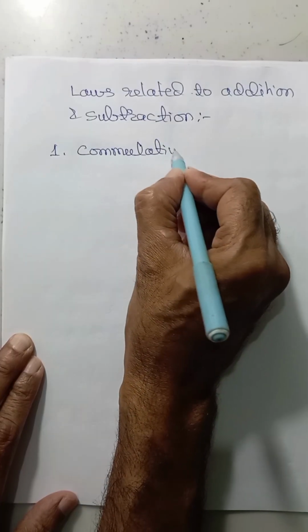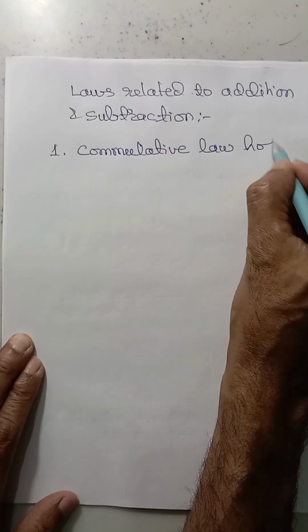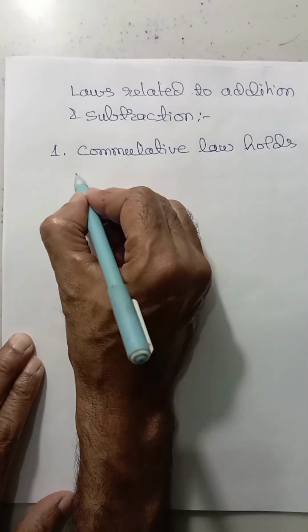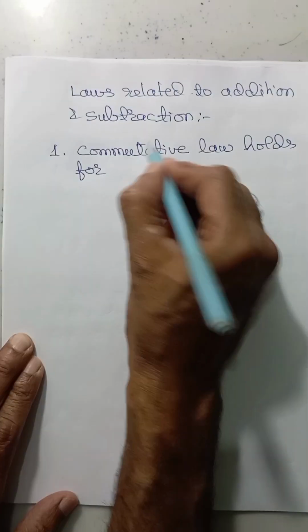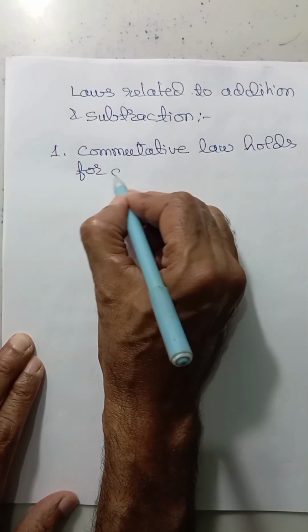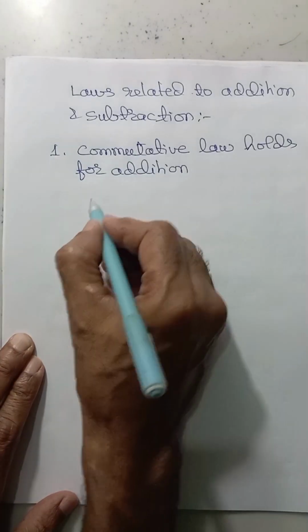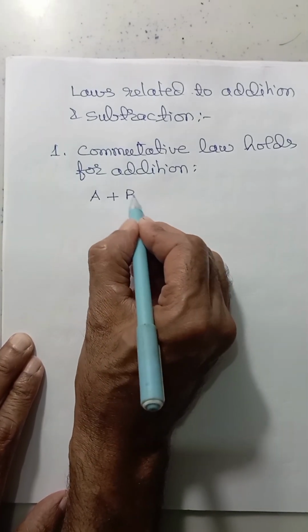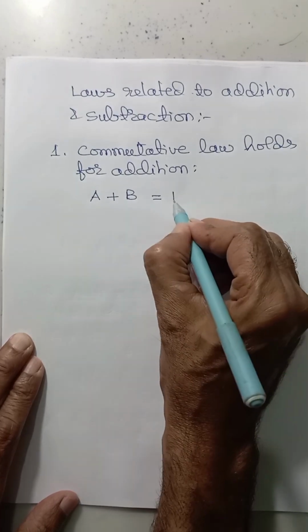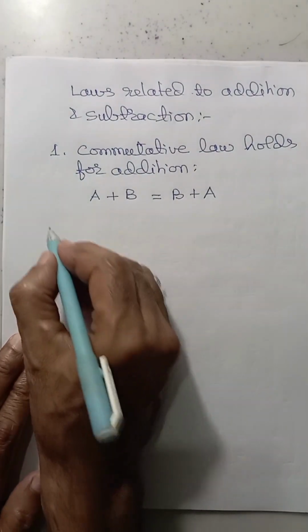The commutative law holds for addition. It means if A is some matrix added with B, it can also be written as B plus A. The result in both cases will be the same.